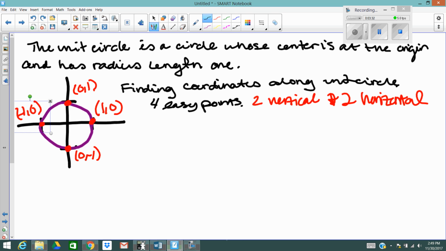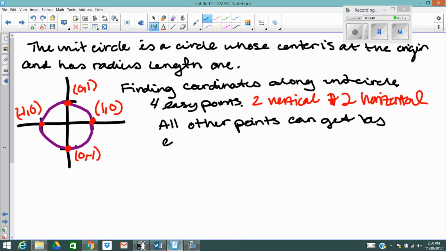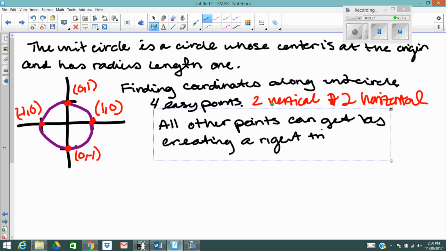All other points you can get by creating a right triangle, to be exact, and using trig.